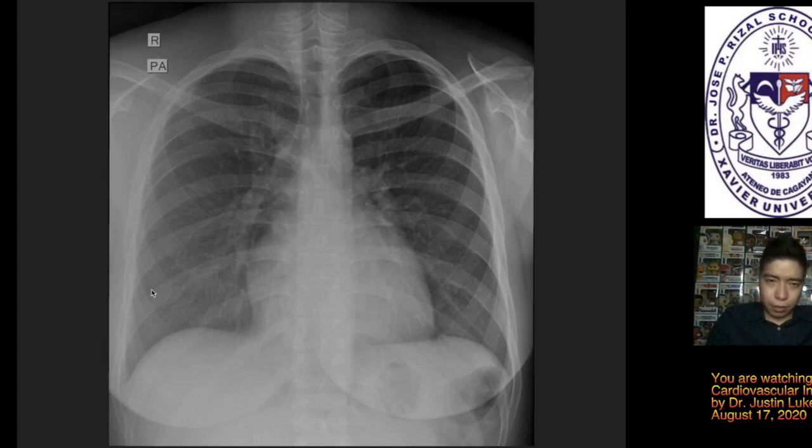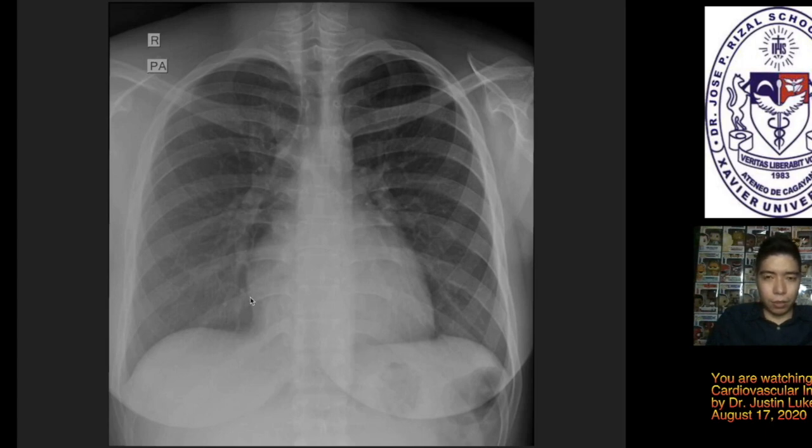So they taper down as they go outside. And in the outer third of each lung, there are very minimal vascular markings. So that is expected and that is normal.